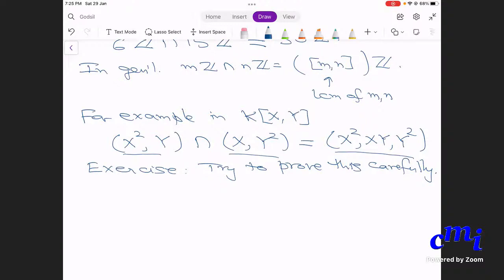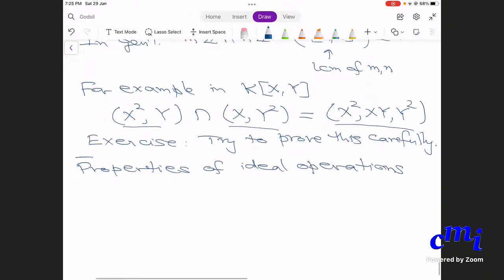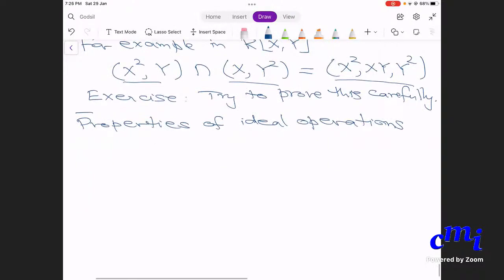Okay. So the first thing is, properties of ideal operations. So one easy property is the following, which is that the product distributes over sum.